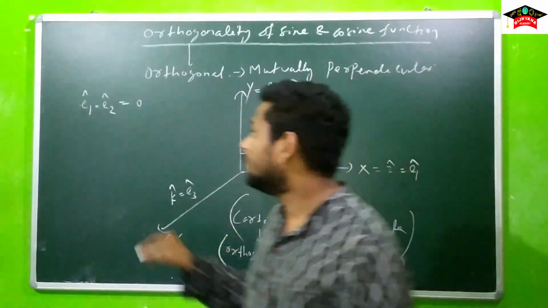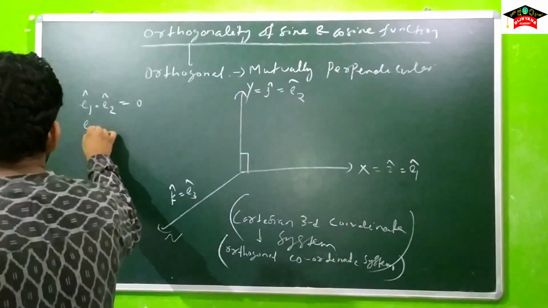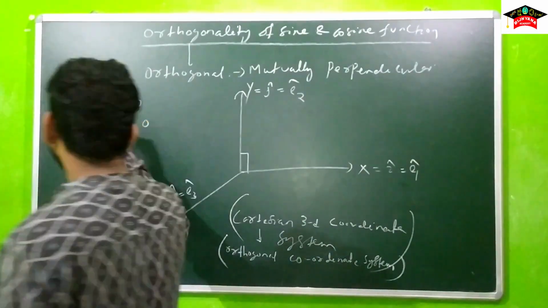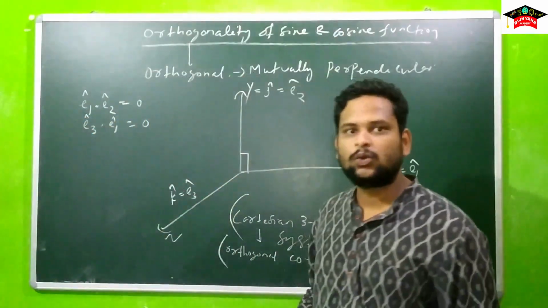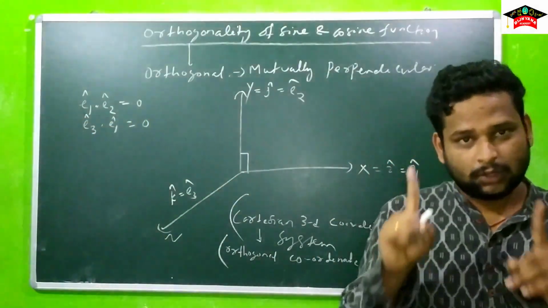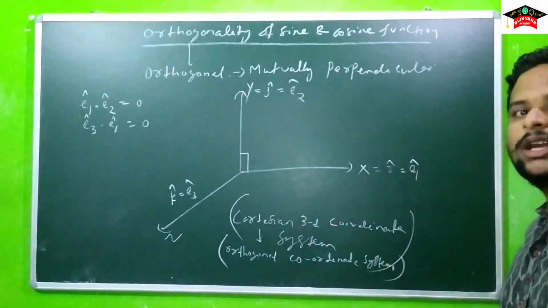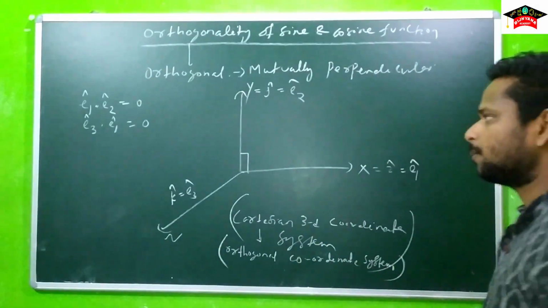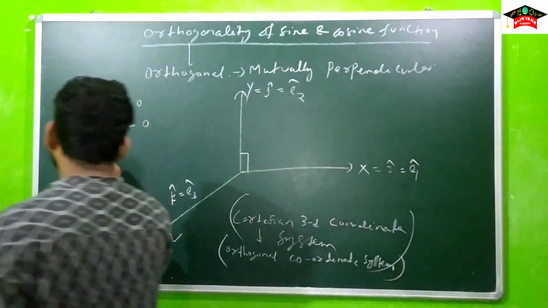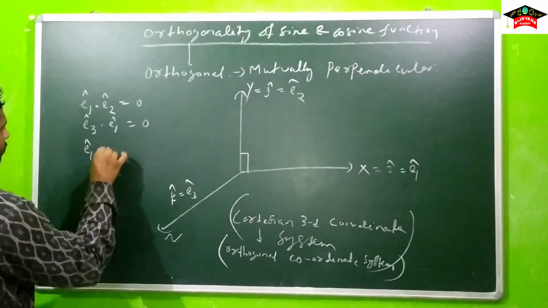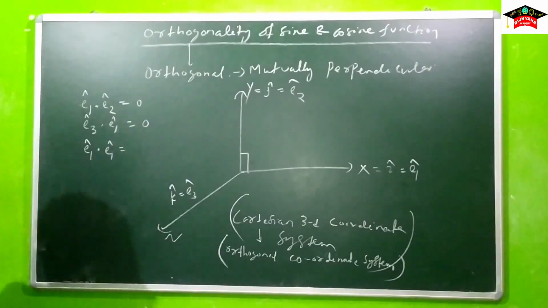Similarly, for any two different vectors, E3 cap dot E1 cap is 0. So if the two indices, 1 2, 2 3, 3 1, are different, then the dot product vanishes, that is, the dot product is 0. And if the two vectors are equal, that means E1 cap dot E1 cap, what will the answer be?